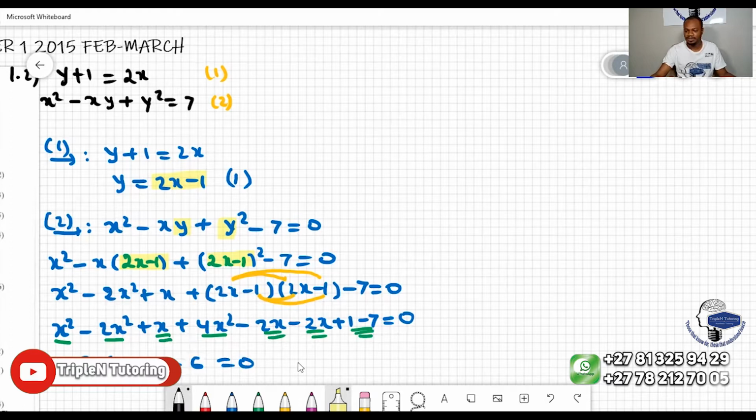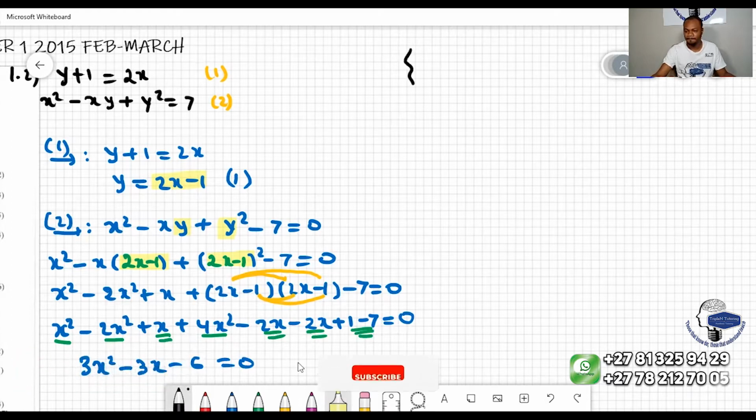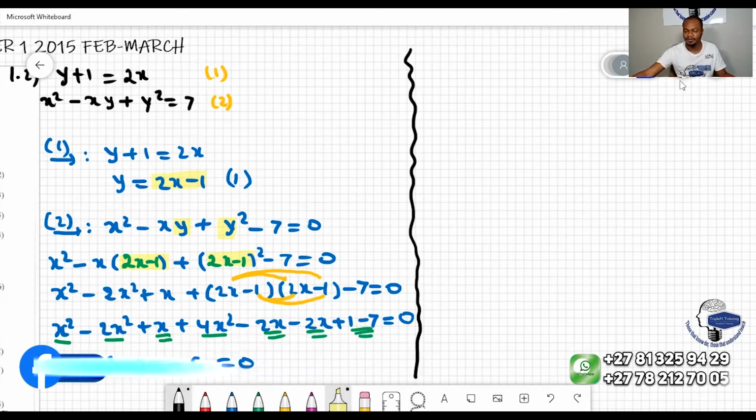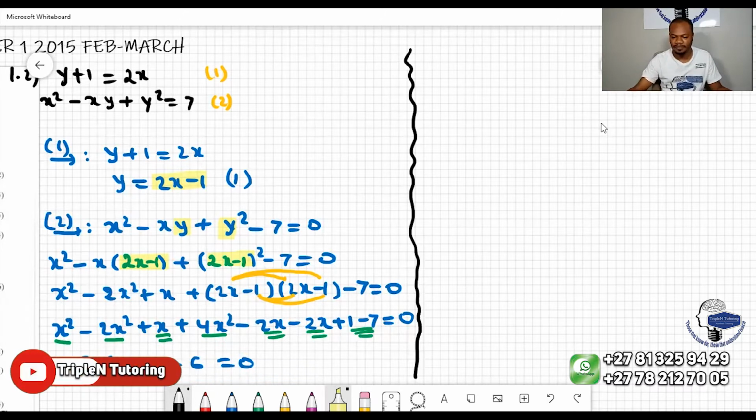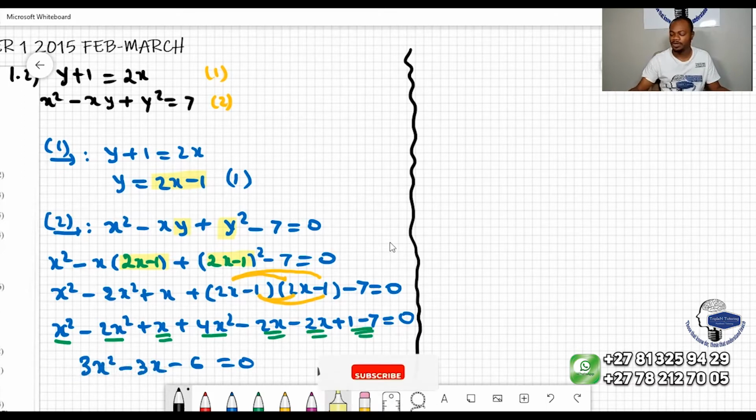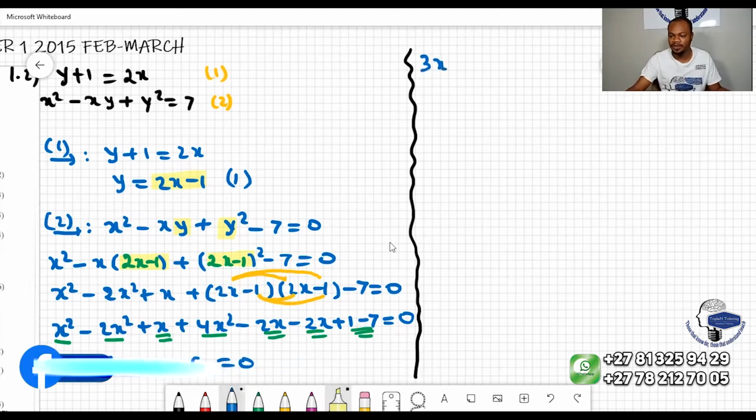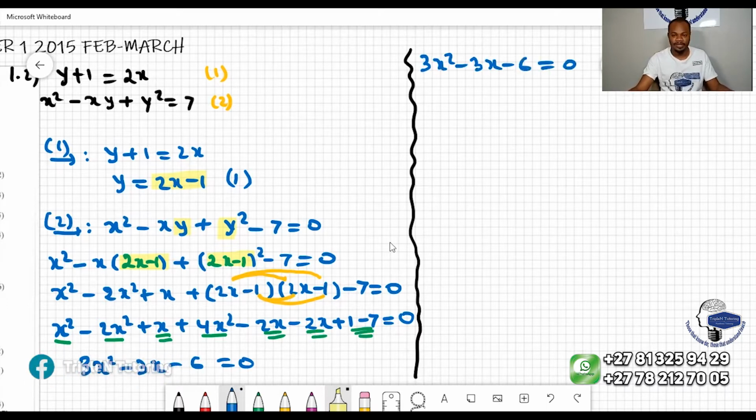Now let me split my screen by board. Now that I have 3x squared minus 3x minus 6 equal to 0, when I write it here, we have a trinomial.